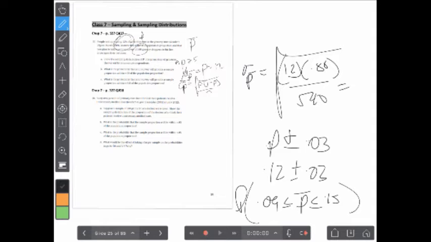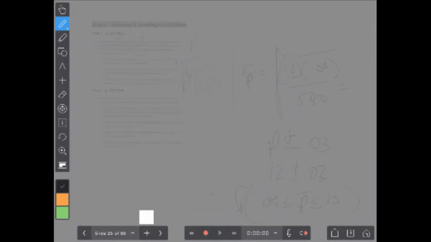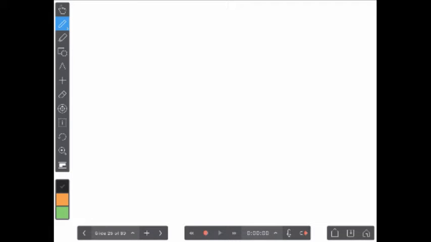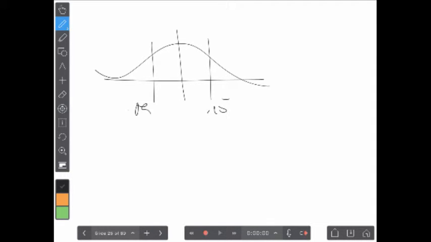To get that probability, I'm just going to set it up. I don't have my calculator with me to work the details, but you could certainly finish that up. So that would be my 0.15, that would be my 0.09, and this is 0.12. I need to find the corresponding Z values for the 15% and the 9%. Let's call them Z1 and Z2. Z1 is associated with 0.09, Z2 with 0.15.